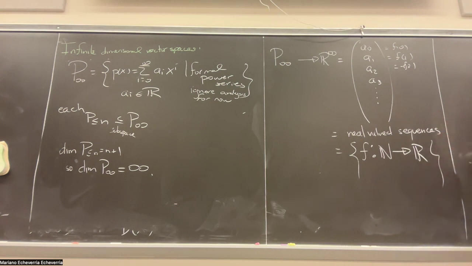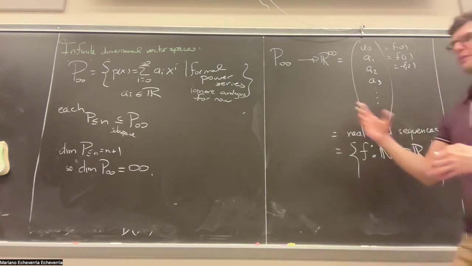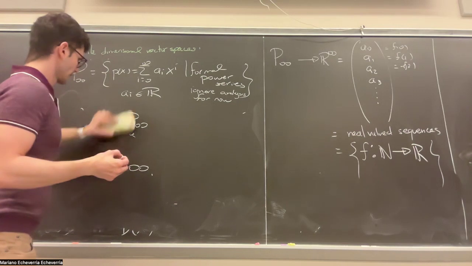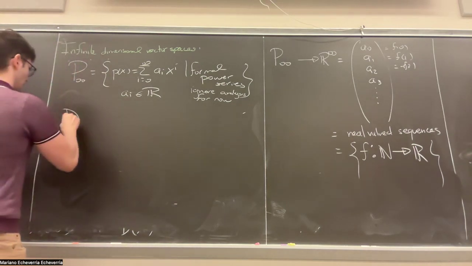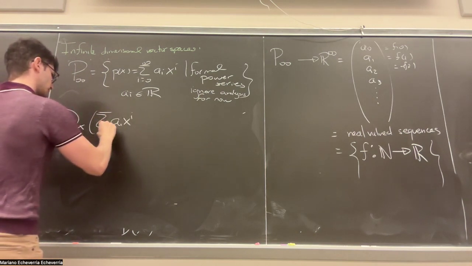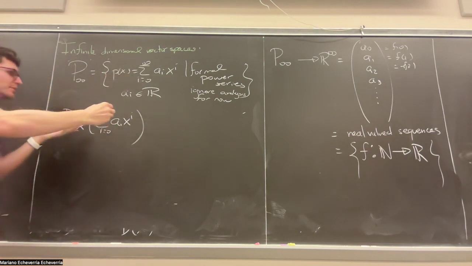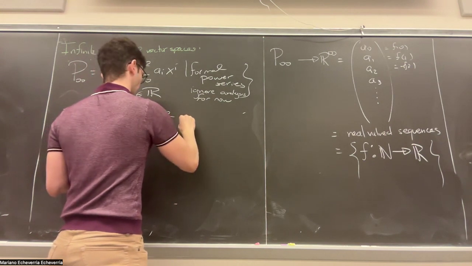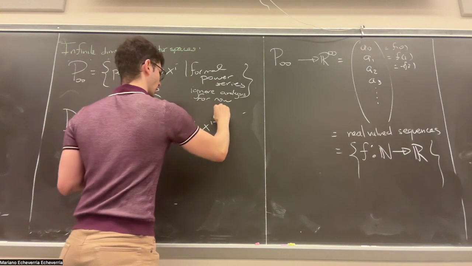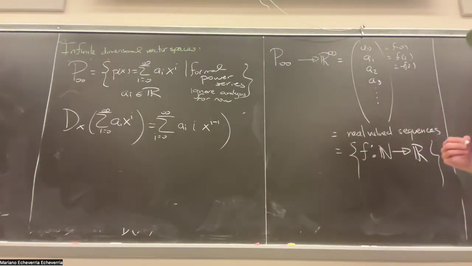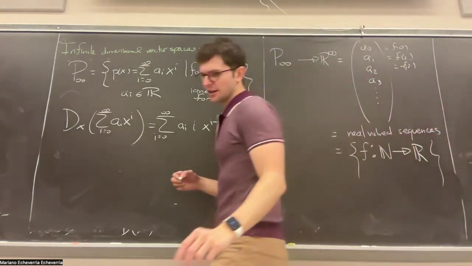And then by analogy, you can still take a formal derivative of an infinite power series by differentiating term by term. You apply the same definition as before, again as a formal power series.